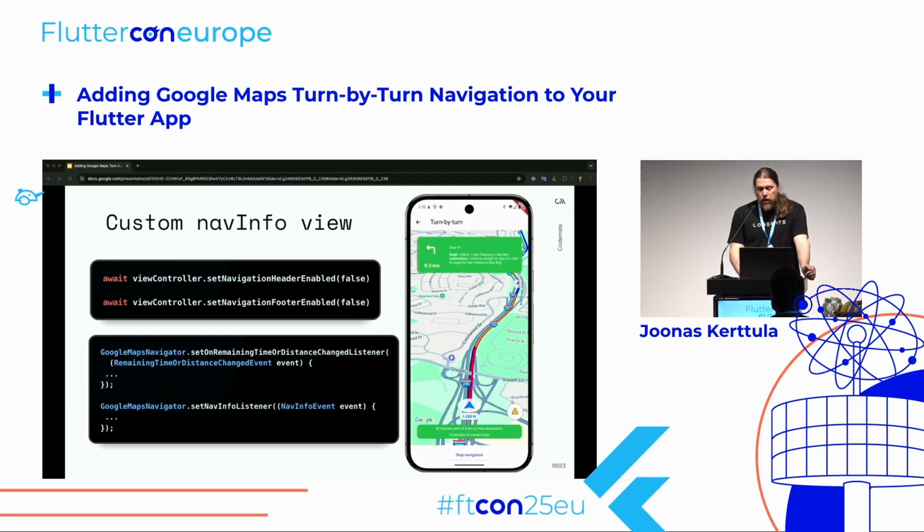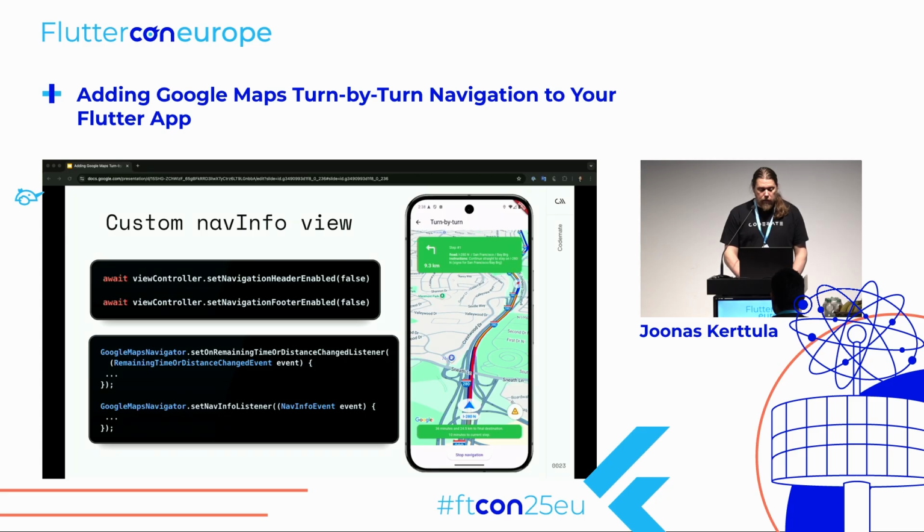Also, you can hide the header and footer as shown in the snippet, and you can use these few listeners to have the same data you would normally use on the header and footer, and create your own widget to show the same information.